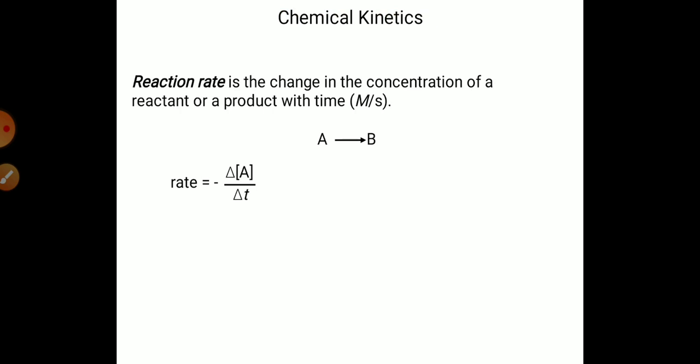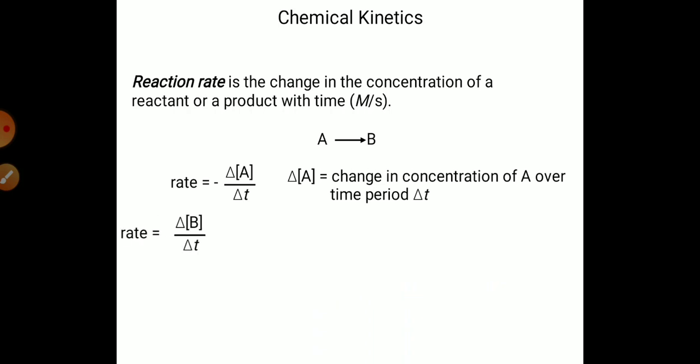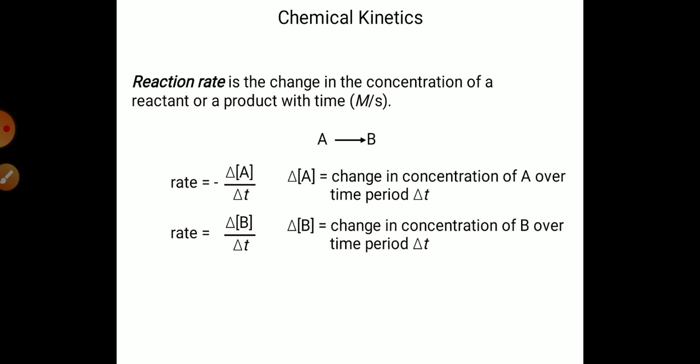The rate of A converting into B is equal to minus Δ[A]/Δt, where Δ[A] is the change in concentration of A over the time period Δt, and the rate of appearance of B is Δ[B]/Δt, the change in concentration of B over the time period Δt. Because [A] decreases with time, we put a negative sign in front of the rate Δ[A]/Δt.